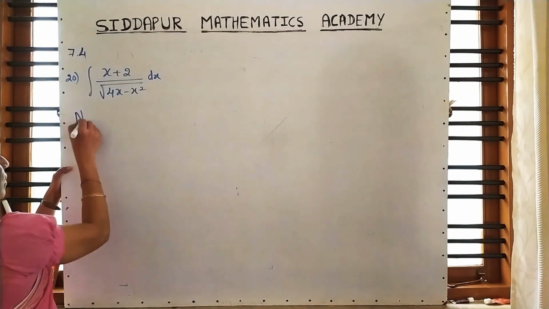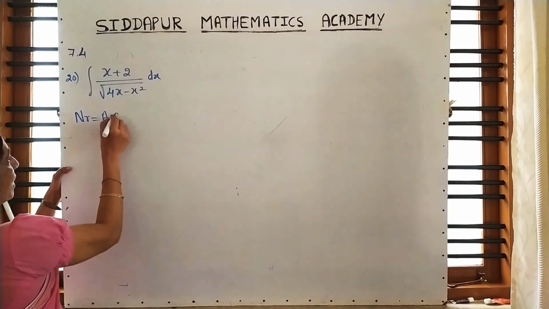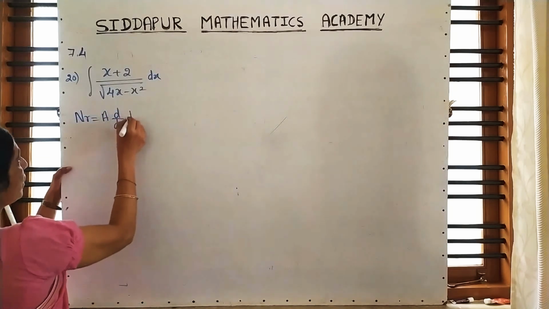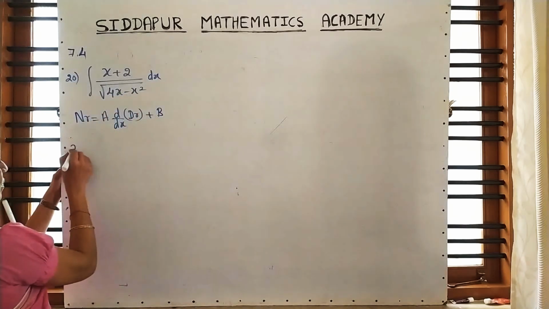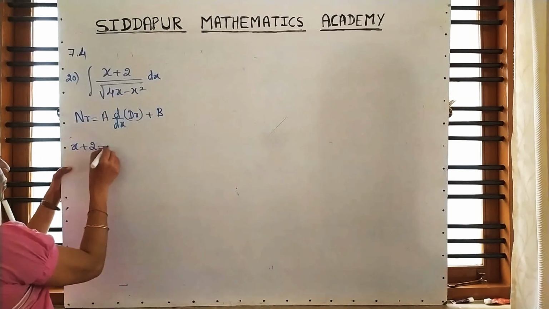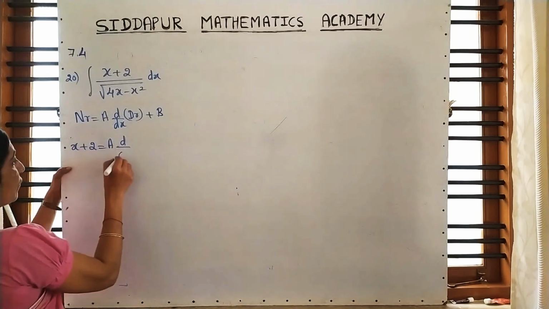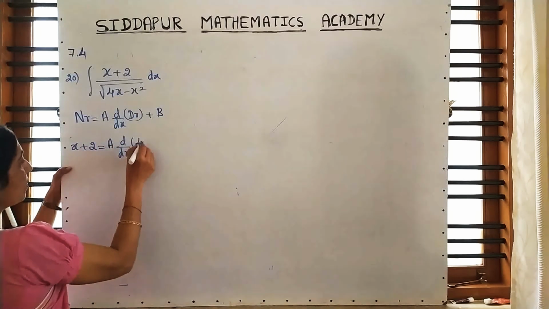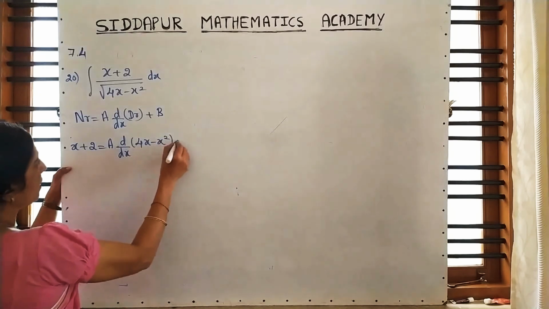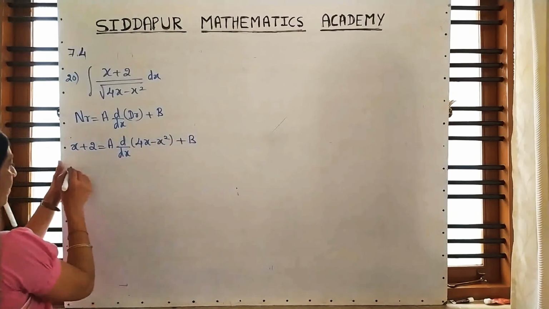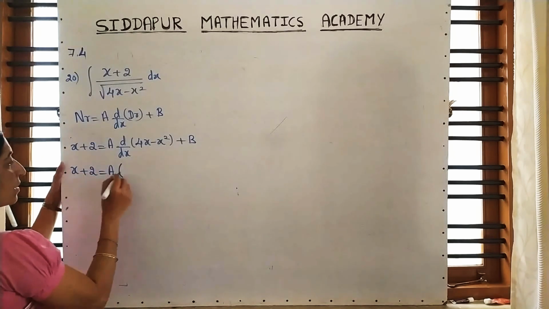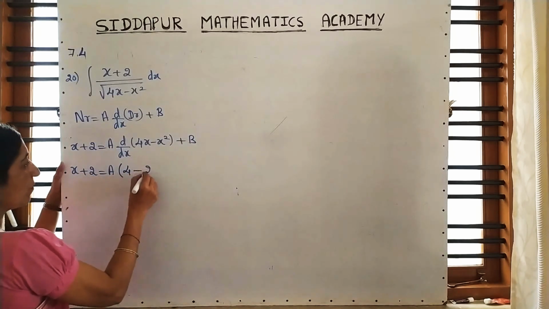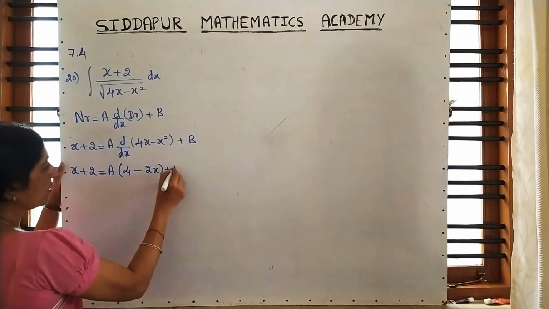So as usual, numerator is equal to a into differentiation of denominator plus b, that is without root. x plus 2 is equal to a into differentiation of 4x minus x square plus b. x plus 2 is equal to a into differentiation of 4x is 4 minus 2x, plus b.